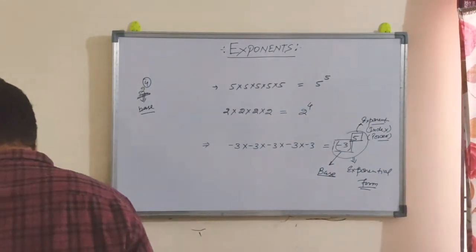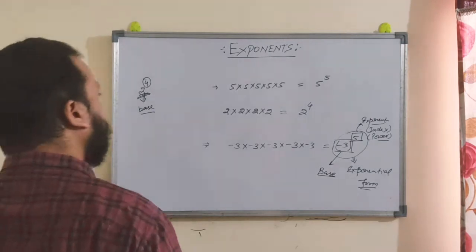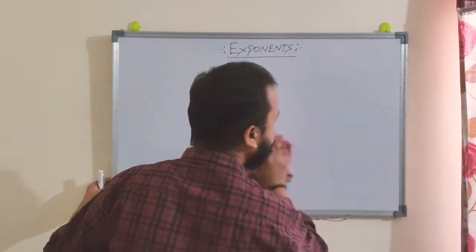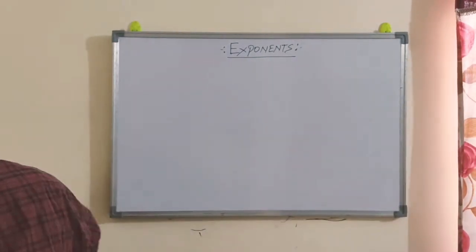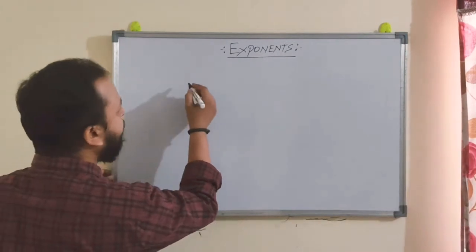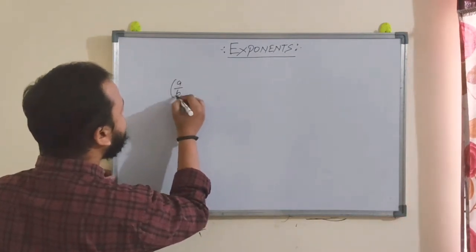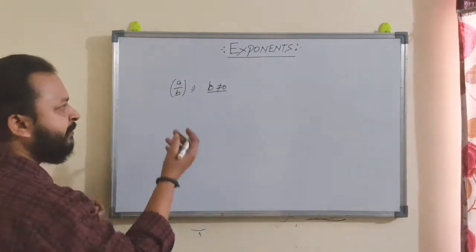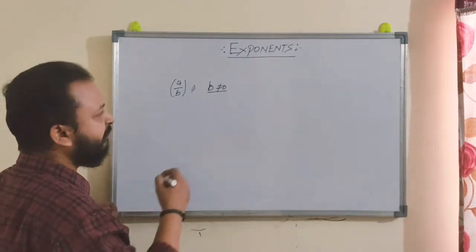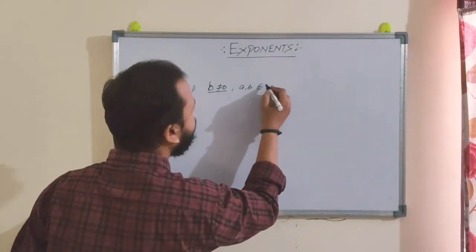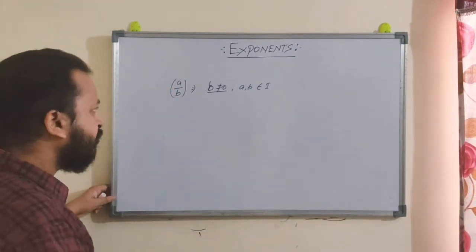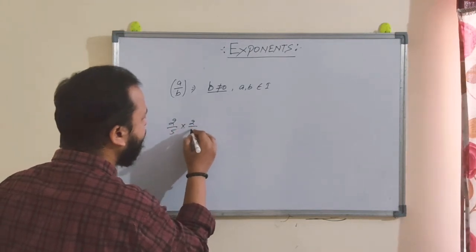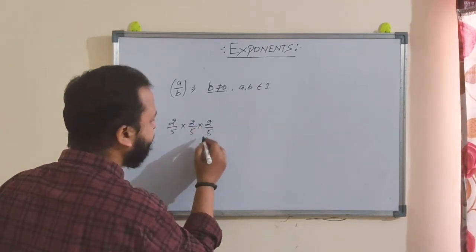So now here we are going to study about that. We know rational numbers, right? A rational number can be written in the form of a by b, and here b is not equal to 0, and a and b may be any integer, right? So if a number is written like this, suppose 2 by 5 multiply by 2 by 5 multiply by 2 by 5, right?